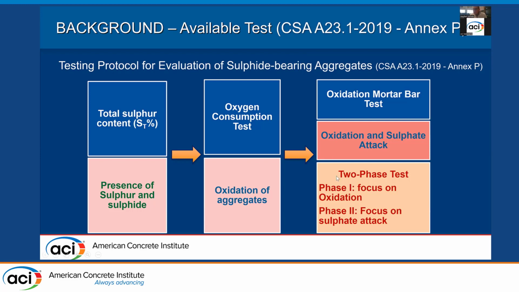The third one has the 2 mechanisms combined: oxidation as well as sulfate attack. Phase 1 focuses on oxidation, phase 2 focuses on sulfate attack, so the conditions are different. The first condition focuses on oxidation. The conditions of the second phase focus on promoting sulfate attack.